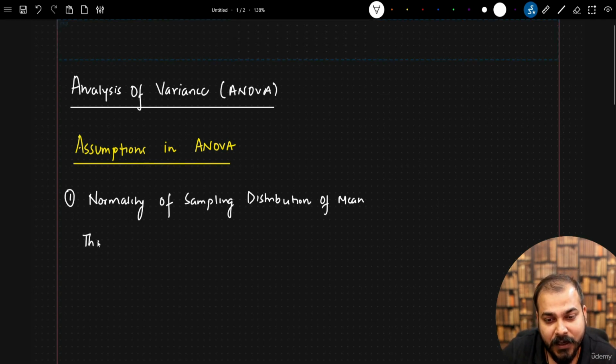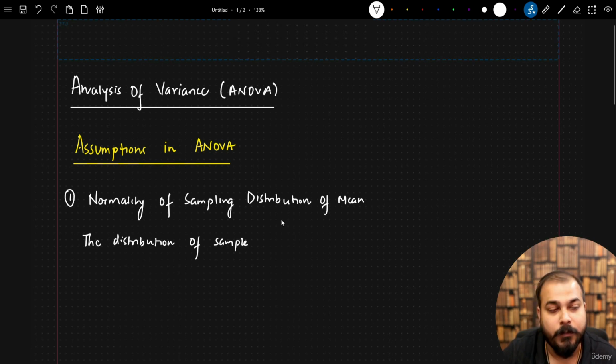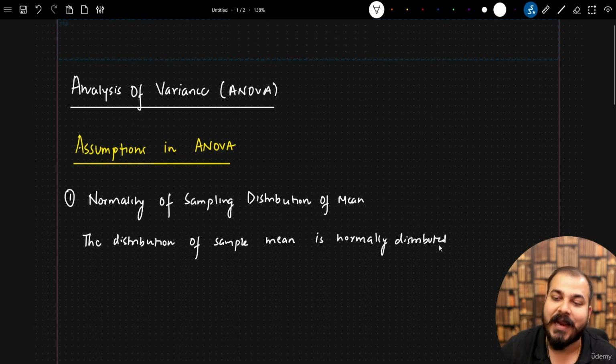What does this basically mean? This basically means the distribution of sample mean is normally distributed. Okay, super important. And I hope you all know what normally distributed basically means. It should follow a Gaussian distribution.